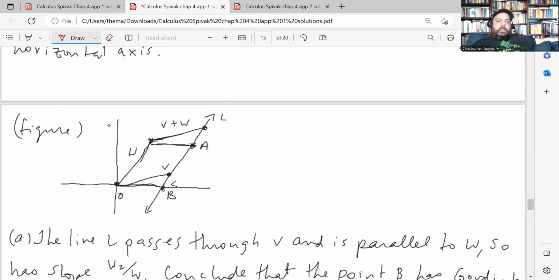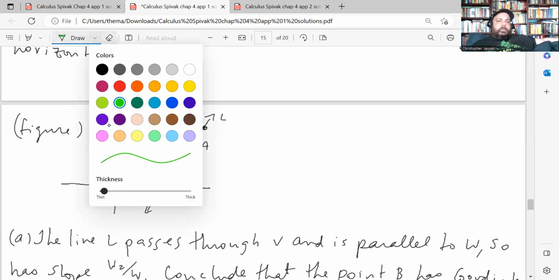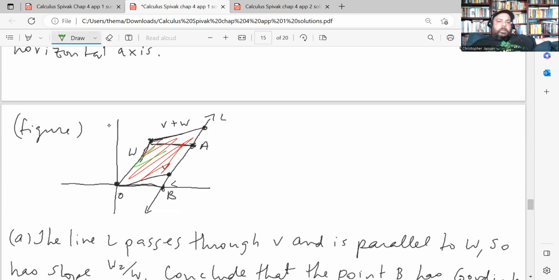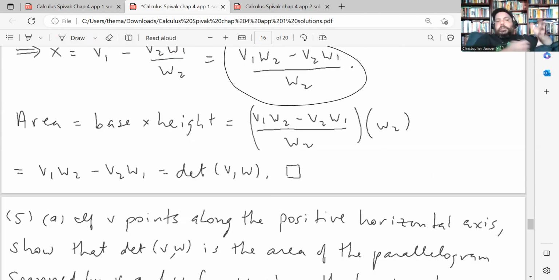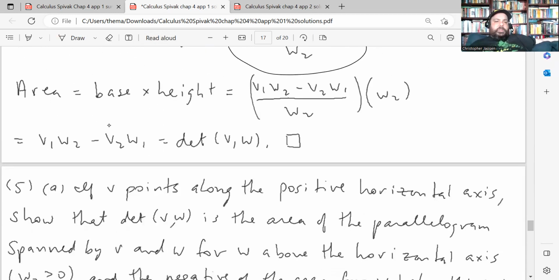Obviously the area of this parallelogram is equal to the area of this parallelogram here, and the area of the green parallelogram is its base times its height. The base is this X coordinate that we just found, and the height is W2. So you just multiply those two things together, and you get the determinant formula. Okay, so that's the answer for that question.